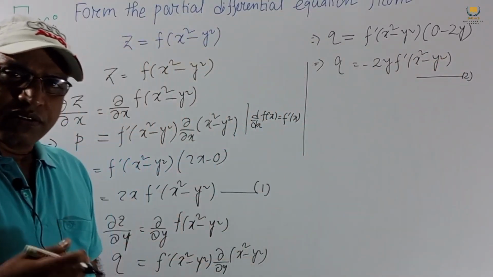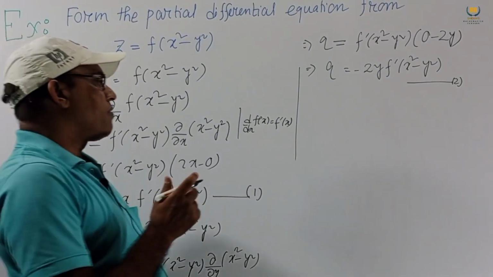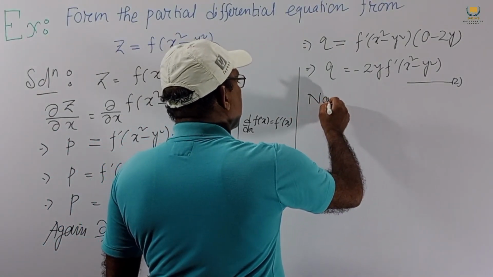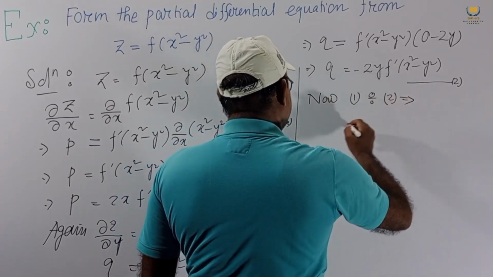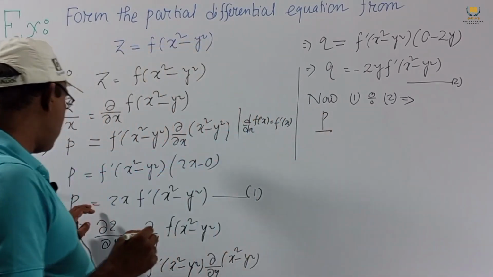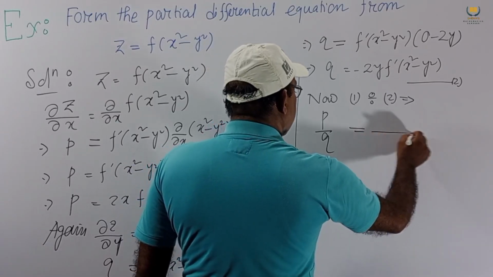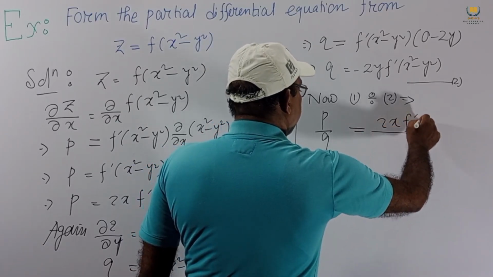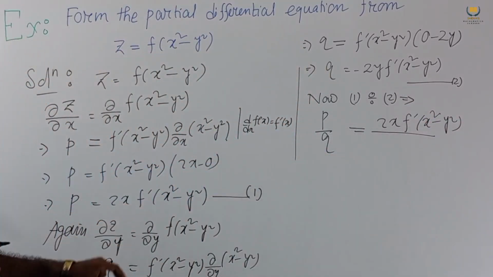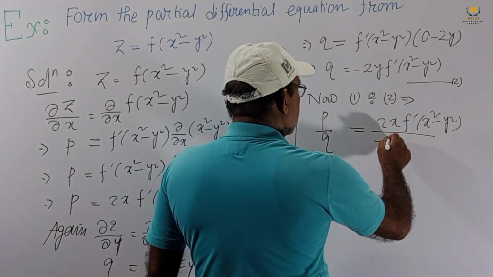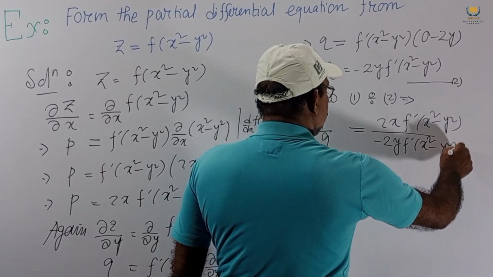Now our aim is to remove the function f. Dividing 1 by 2, on the left side we get p by q, and on the right side twice x f dash of x square minus y square divided by minus twice y f dash of x square minus y square.